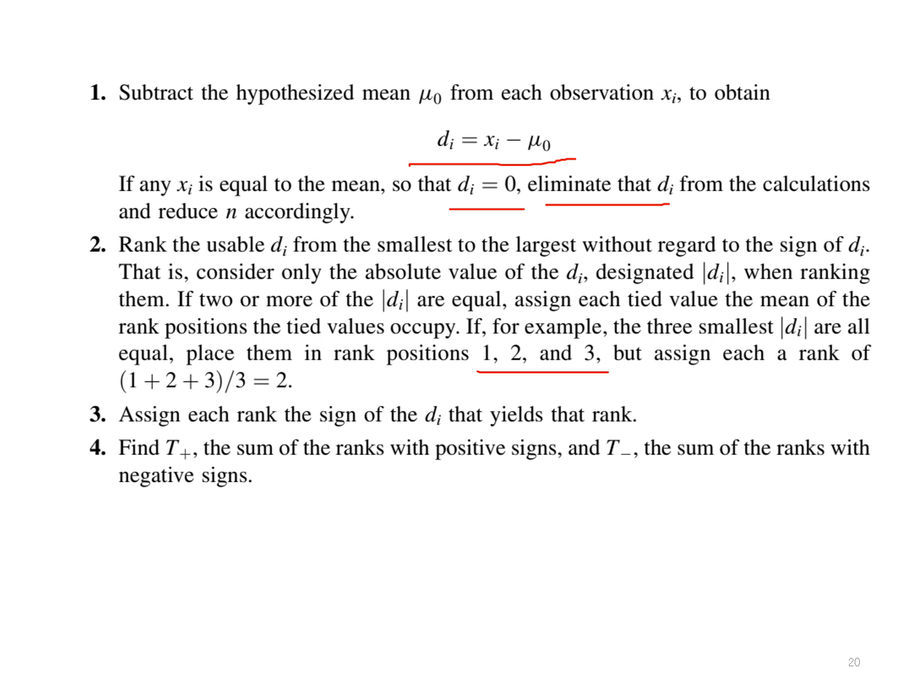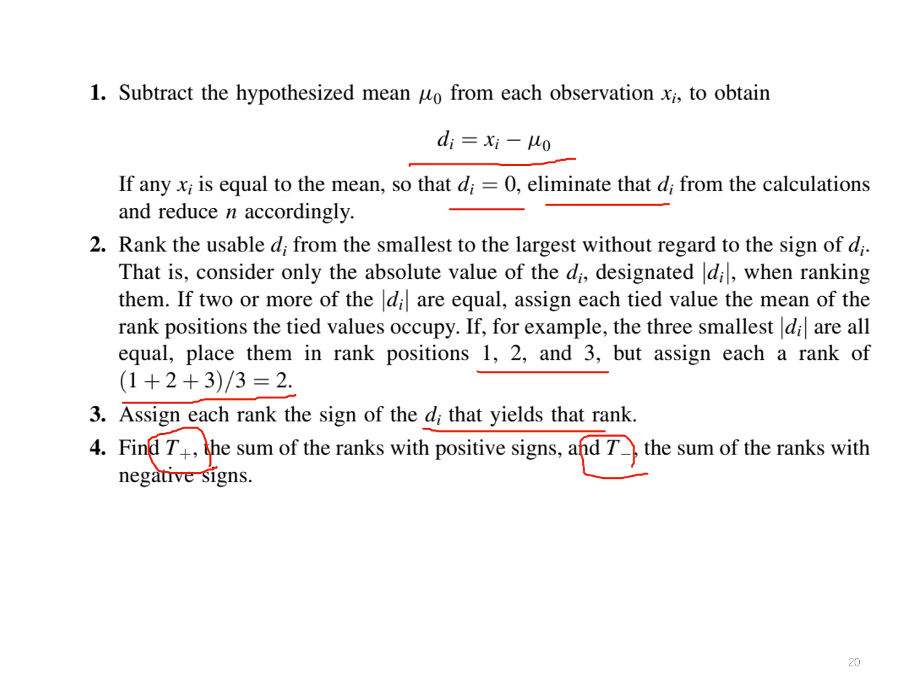But because we cannot figure out which one is higher or lower, instead of putting the ranks 1, 2, 3, we put them 2, 2, 2, which is the average of the ranks, 1 plus 2 plus 3 divided by 3 equals 2. So we just put 2, 2, 2, so the rank sum stays the same. Assign each rank the sign of the Di it yields. Then we find T positive and T minus.